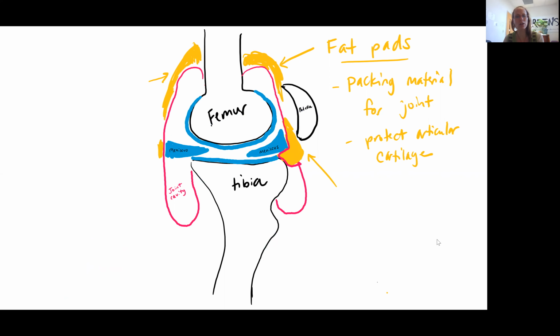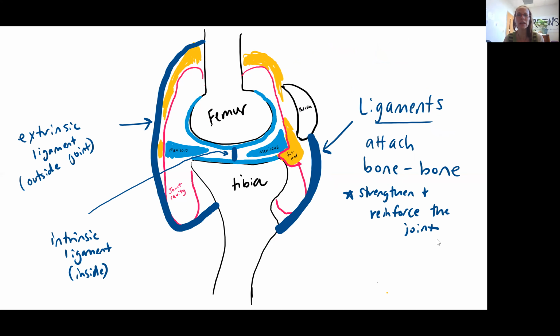Outside of our joint capsule, we have what are called fat pads. These are pads or collections of adipose tissue, and it's an important packing material for the joint. It's helping to protect the articular cartilage and so forth. And then ligaments, remember, are those connecting tissues attaching bone to bone, and they are important in stabilizing our synovial joints.